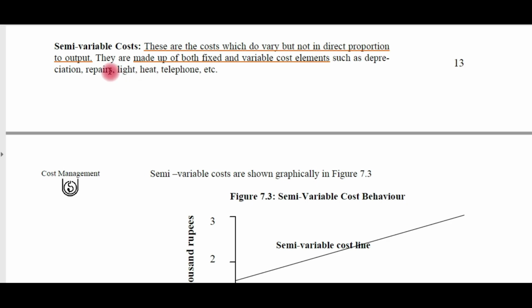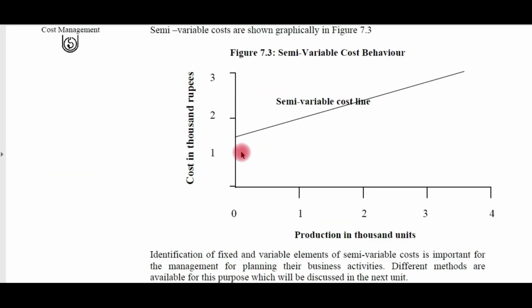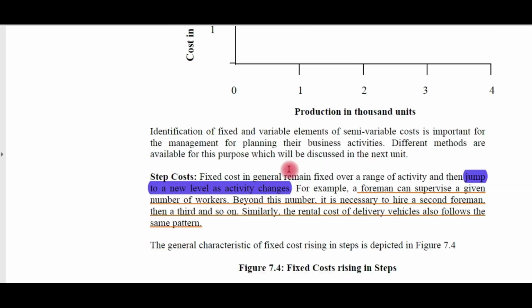Light and heat, repairs. So if the production is increasing, obviously repairs will increase because more utilization of plant is there. Sometimes it may not be there. So semi-variable costs means a part is variable, a part is fixed. We will discuss more about semi-variable costs in the next chapter. This is the graph for semi-variable costs per unit as the production increasing.